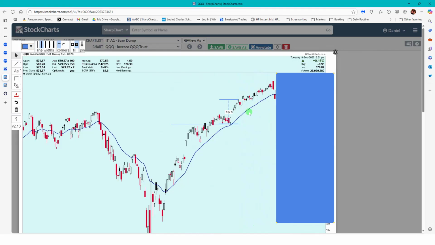So if you were using a moving average and said, I'm going to set my stop just below the 21, you would have been stopped out in this case. So you would no longer be in the stock. If you were using a mental stop and said, I'm going to wait for it to close below the 21, you would still be in because it did not close below it, even though it went below it.